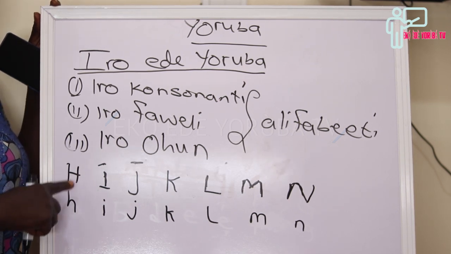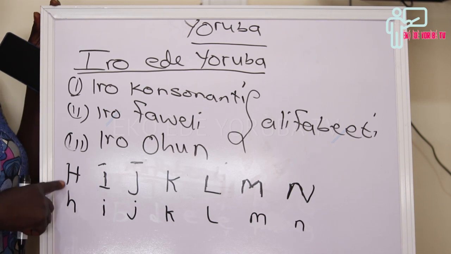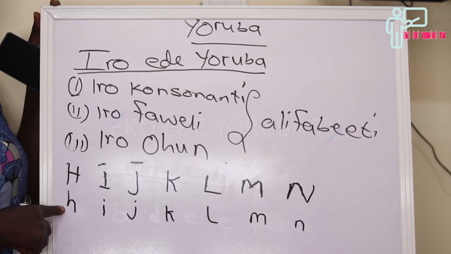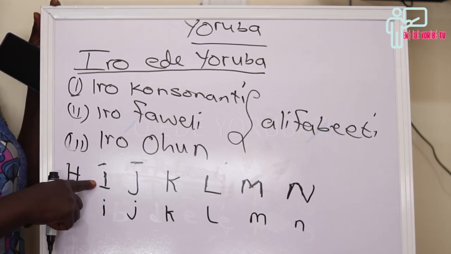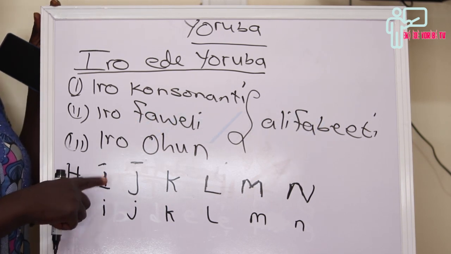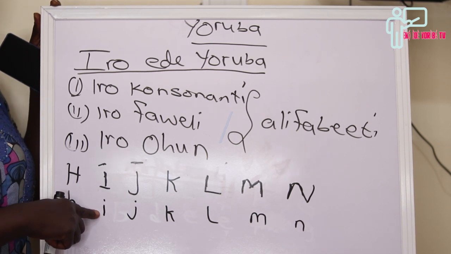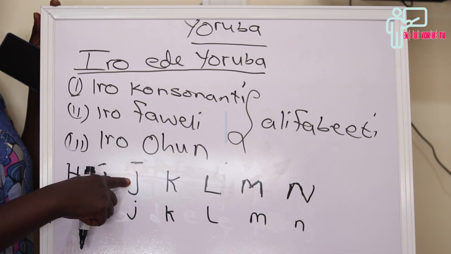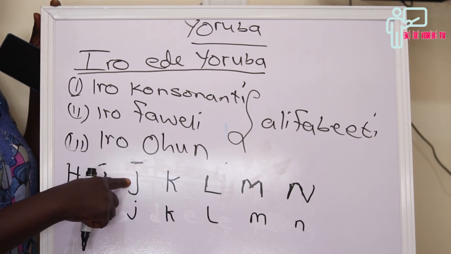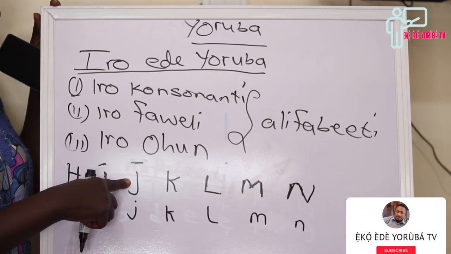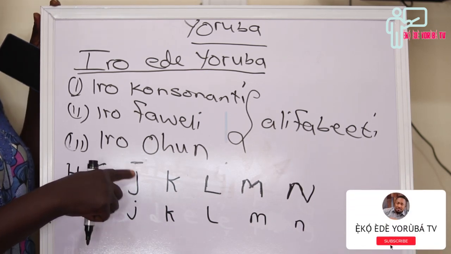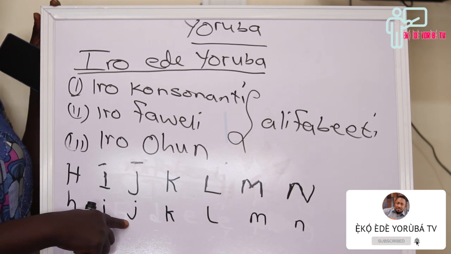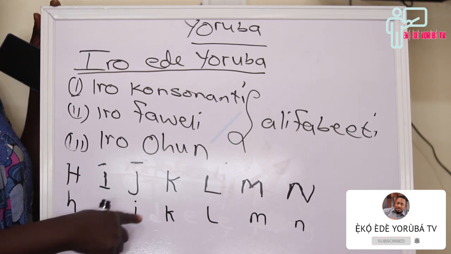He, and this one is I, which is I. This one is small letters. I, J in capital letter in English, which is ji, small letters, letter kékeré, ji.